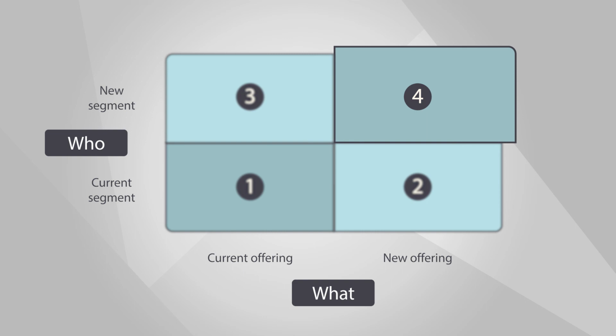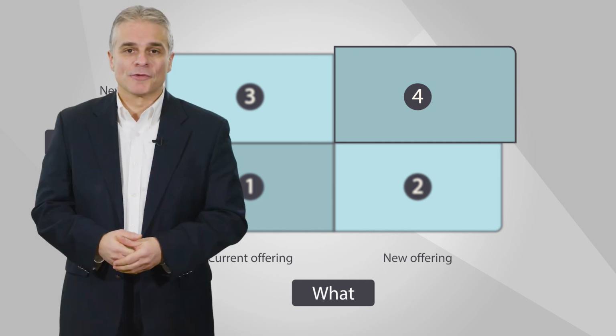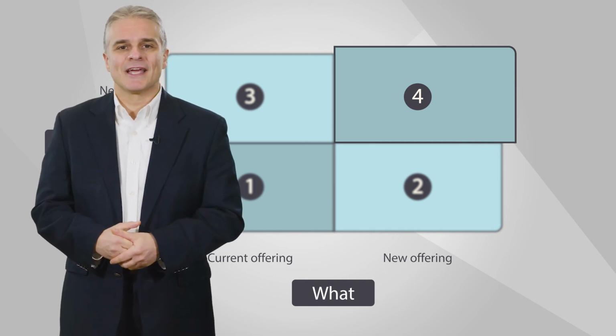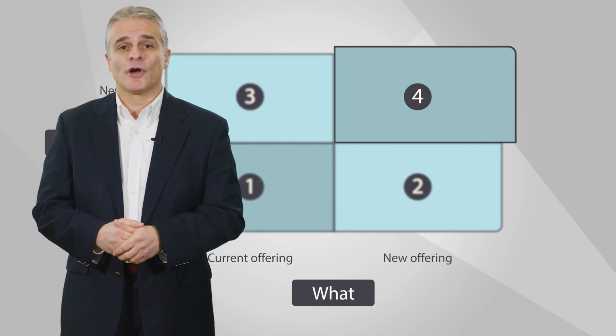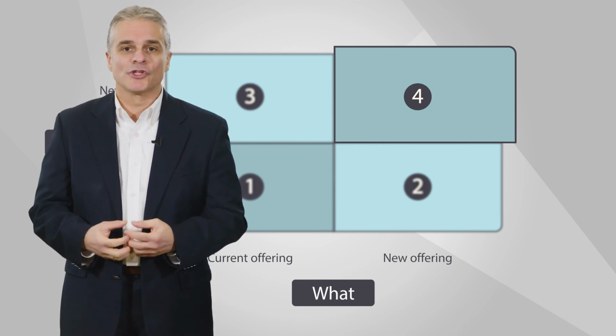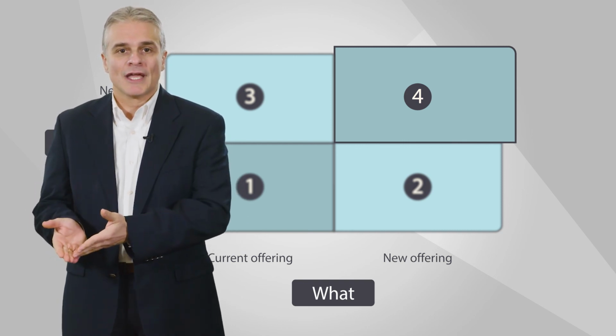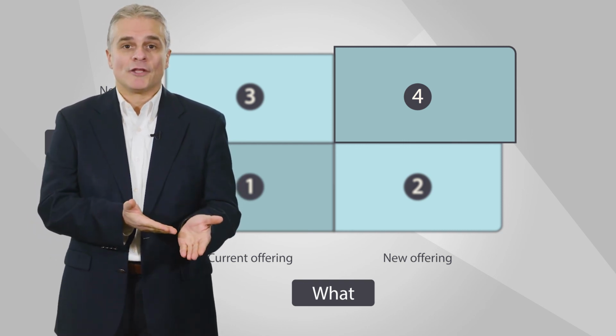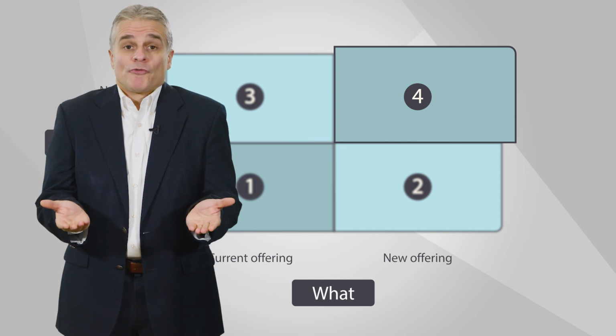Indeed, simultaneously changing who and what is akin to launching an entirely new venture. For this reason, this option often represents a longer-term objective that requires you to really think of how you should get there. In other words, to get from a current offering and market to a new offering and a new market, which option should you explore first?